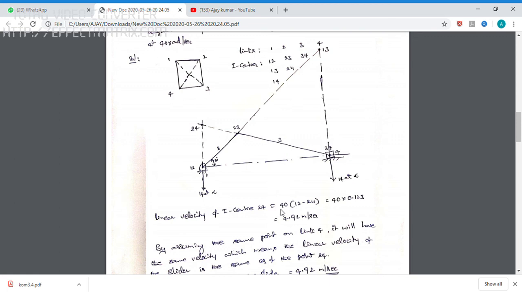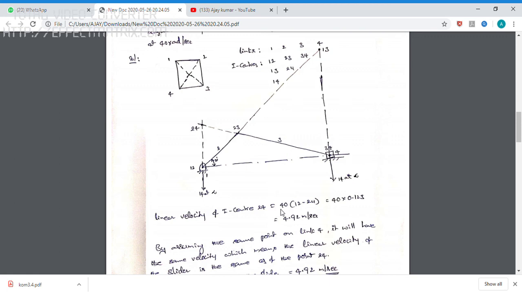Here they are asking to also find the velocity of the slider. What is the slider? Actually, the fourth link is the slider.